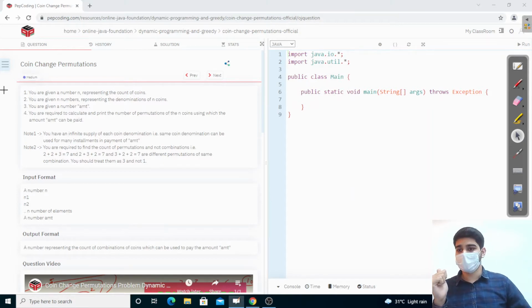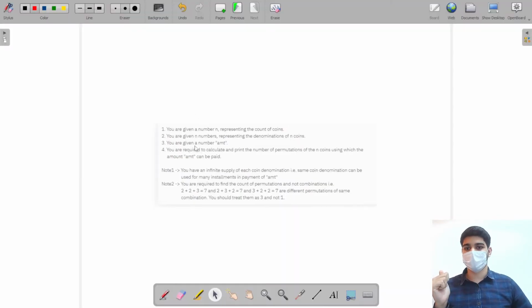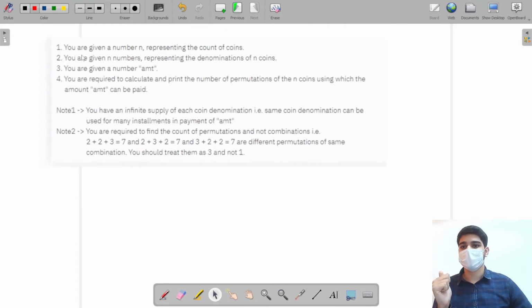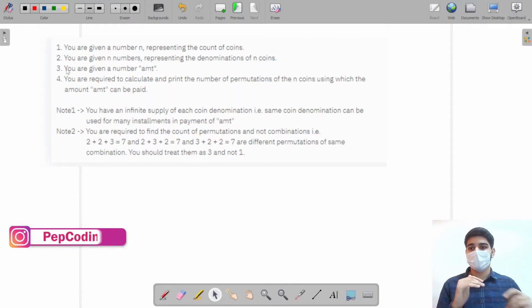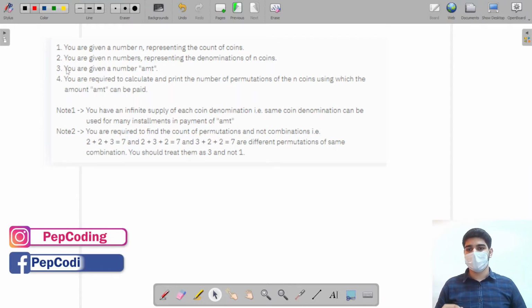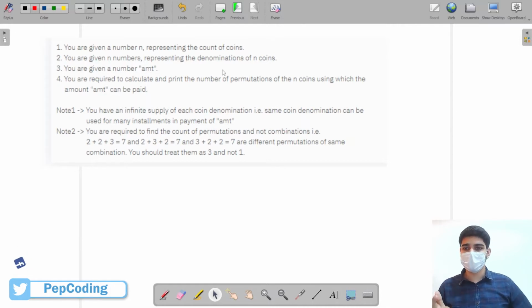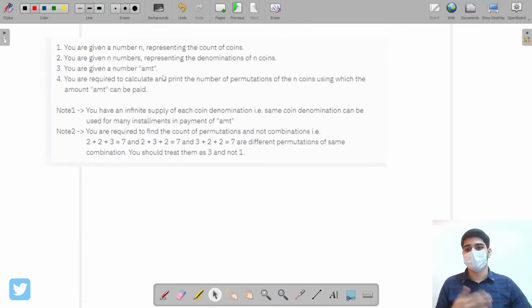Moving on to the question that we have in our hand, which is coin change permutations. If we look at the objective of the question and read it out to understand what it asks from us, it says that you are given a number n representing the count of coins. So you would be given coins and they would have certain denominations each. And then you would also be given a number AMT, which is the amount.